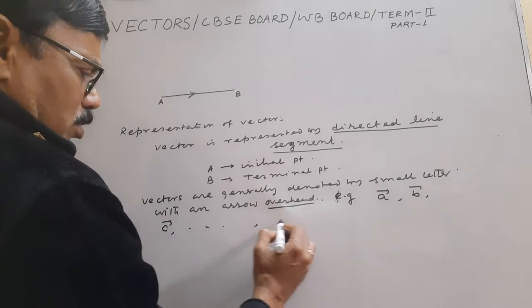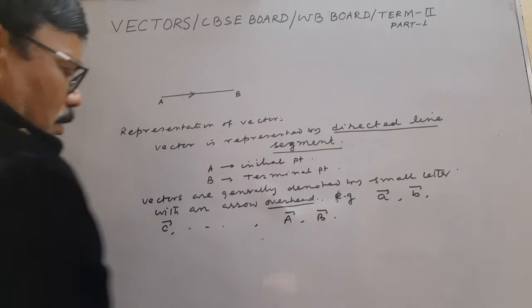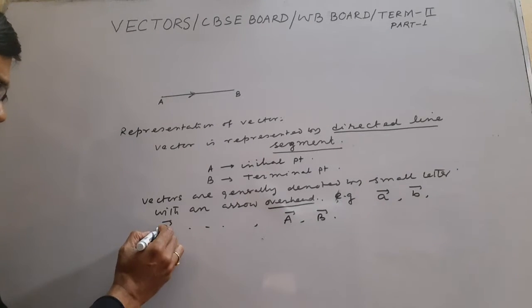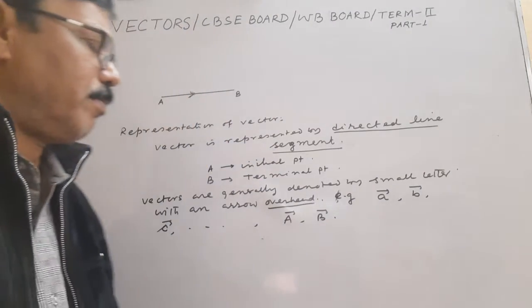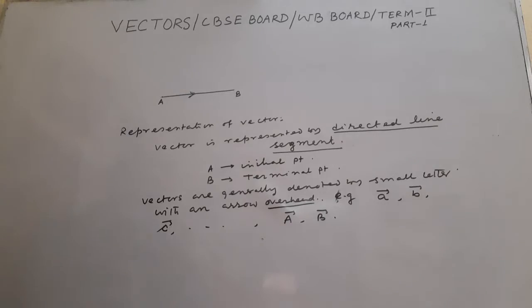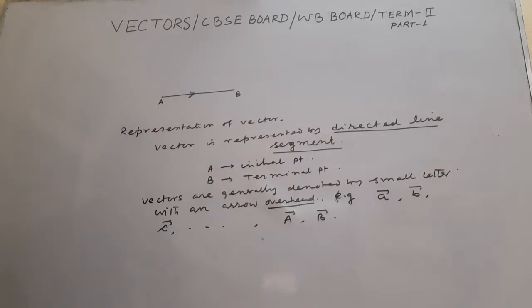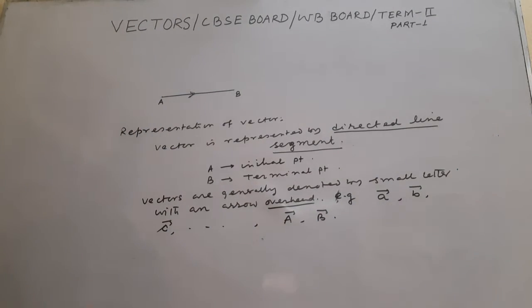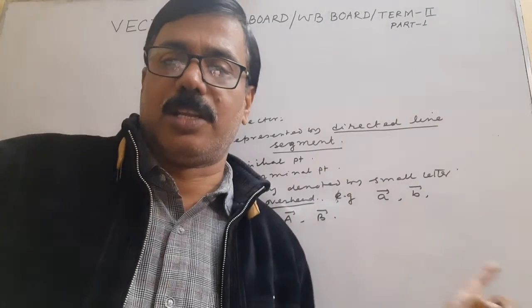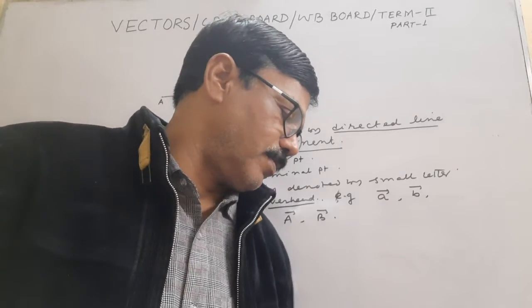You can also use capital A, capital B, no harm, but we generally use small letters. Previously it was denoted by a bold letter. Now we use a small letter with an arrow. So this is the representation of a vector, a directed line segment.